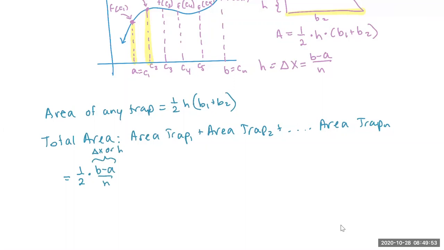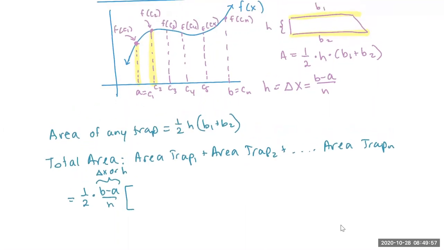And then within brackets or parentheses is where we would put the base values. Remember you said that the base values were the y values. So take a look at your first trapezoid. The first base value is f of c sub 1. Does everyone see, yes or no, that f of c sub 2 happens to be the base of this trapezoid as well as the base of this trapezoid? Yes or no, you see that? Because that's part of the formula. Does everyone see how this base is shared between both trapezoids?